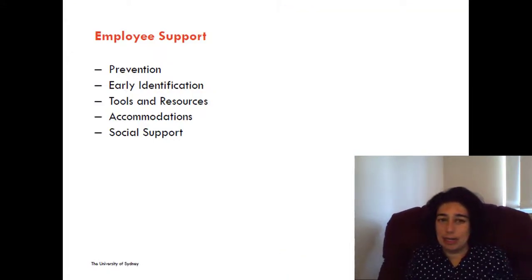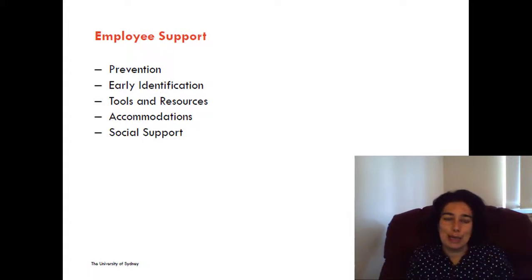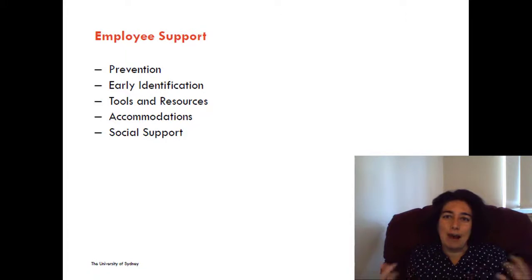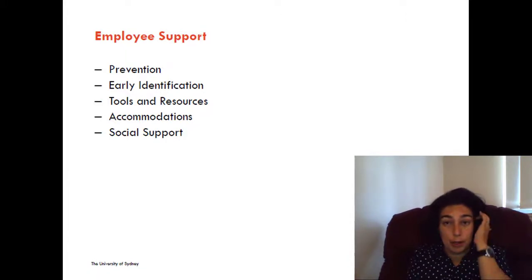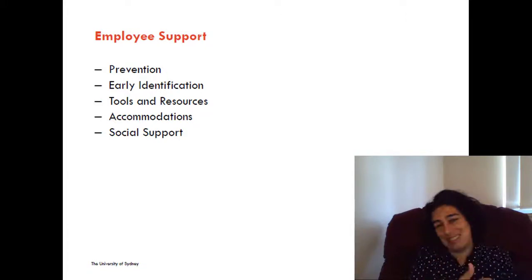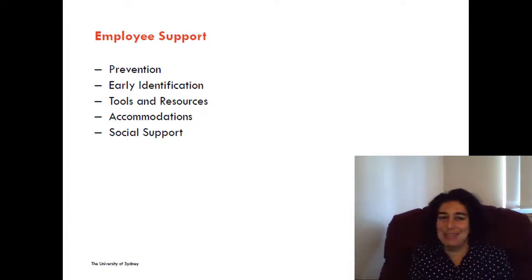Employee support within disability management broadly consists of many different approaches. So one would be prevention. And I'm going to go more specifically into these, but how do we prevent disabilities from occurring, or how do we start on the back end to make sure that people are in a good place?